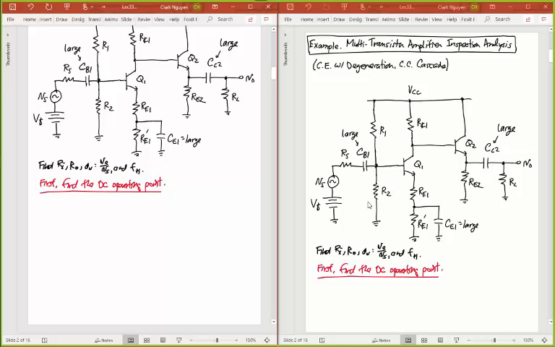Usually when you do this, you want to start all the way on the left side here, because this is where your bias string is, this R1 and R2. And so remember, putting VCC across R1 and R2, that's going to create a voltage right here. And so that's the first thing you want to do. You want to get this voltage, which is the base voltage of transistor 1. I'll call that VB1. And once you get that voltage, that should yield very quickly this voltage right here, which is VE1, the voltage at the emitter of that Q1 transistor.